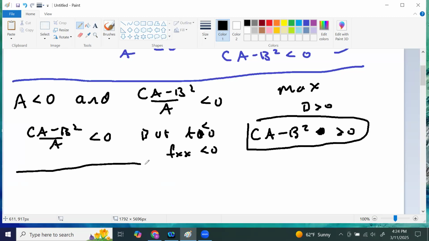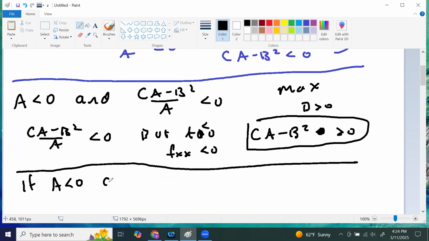All right. In the last case, if A is negative and the other one is positive, this is a saddle, because you can go down by going in the x not zero direction and the y equals zero direction.